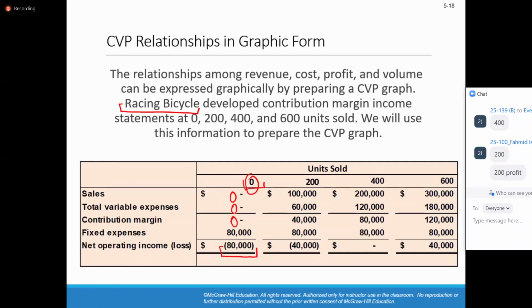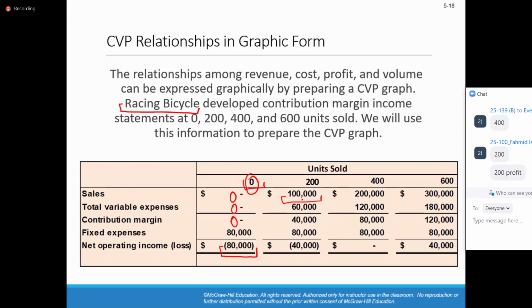For 0 unit sale. And if we increase the sales number from 0 to 200, we see that our sales value is 200 multiplied by 500. You probably can recall the per unit selling price. So what is the total sales value? 100,000.